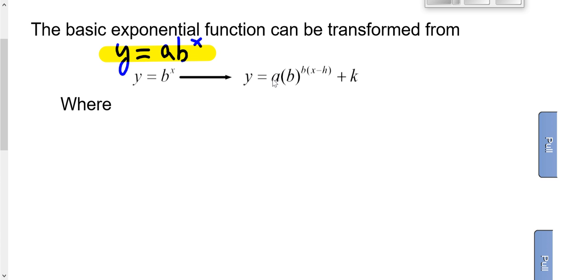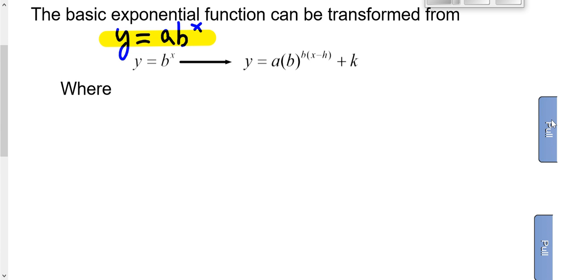So anything related to y would be outside of the function at the front or at the back. But when you put down a and k values, make sure you don't put them up here. Only the function and anything related to x, you put up as an exponent.